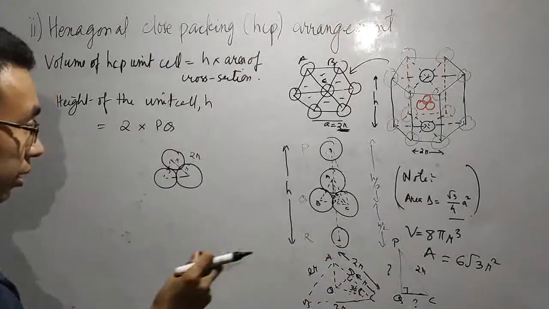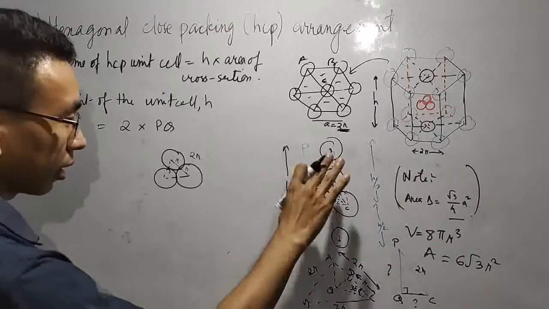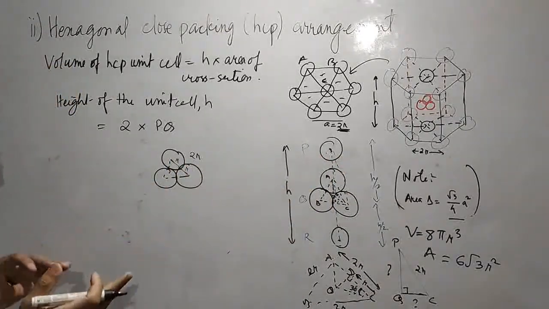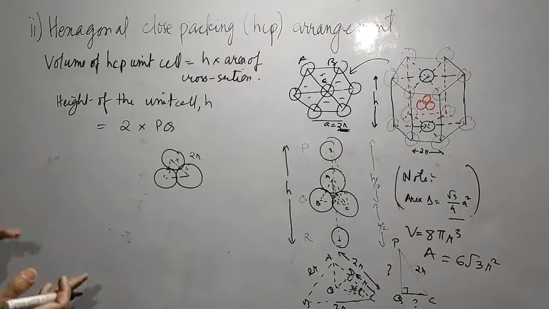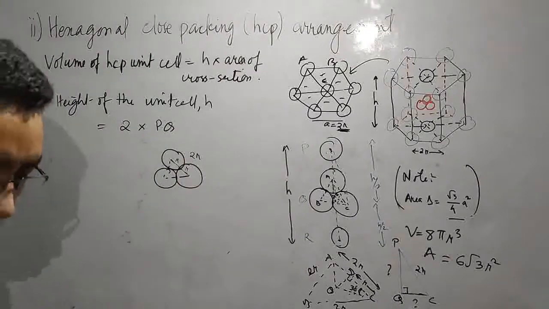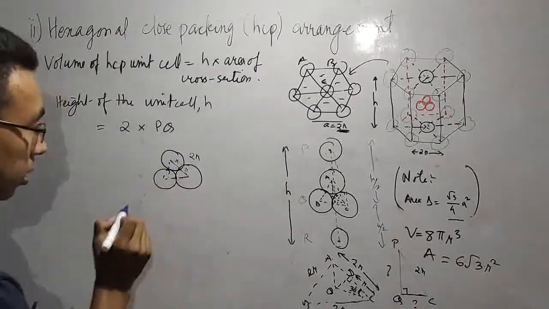Now there is a gap. You can see the gap in the figure, but in reality there is no gap. I have just separated them. So this atom is exactly on top of the three atoms.